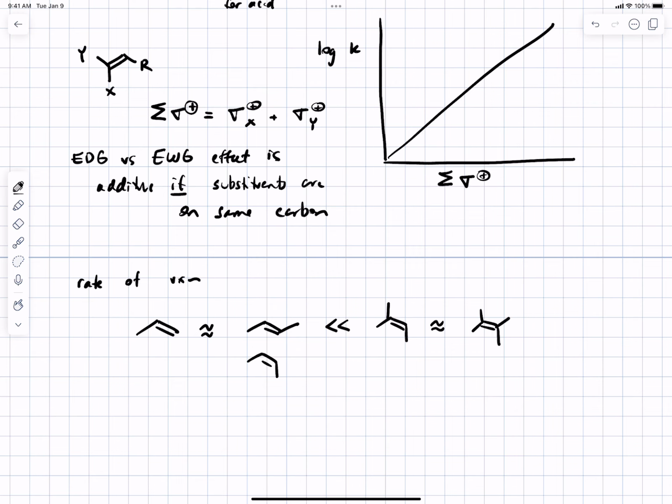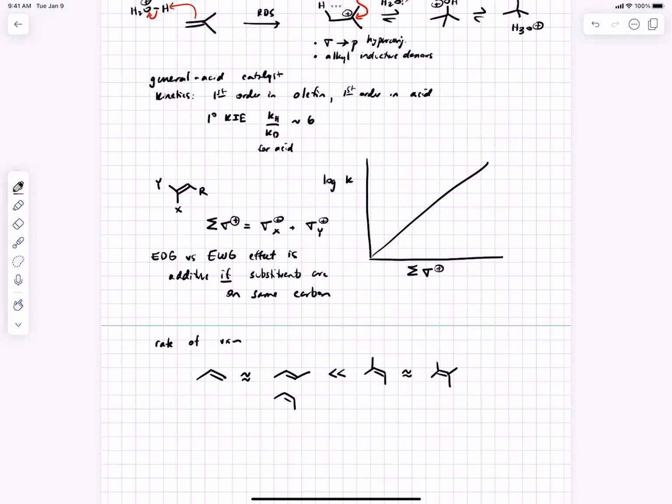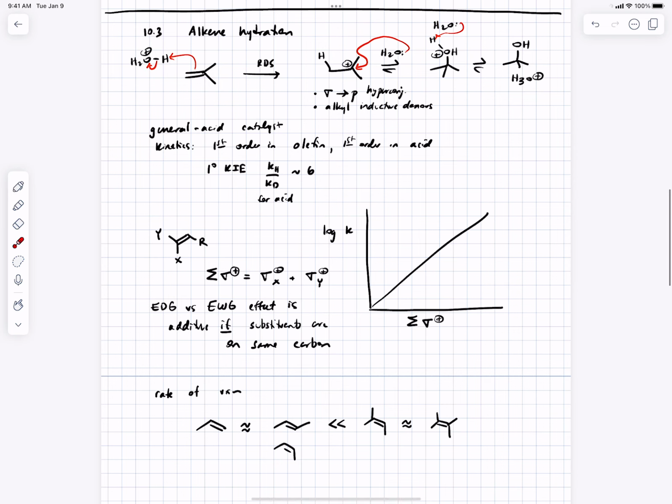Okay. Why does that make sense? What does that tell you about the transition state for this rate determining step? What does it tell you about that carbocationic intermediate?